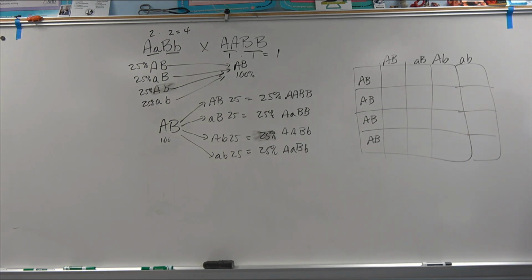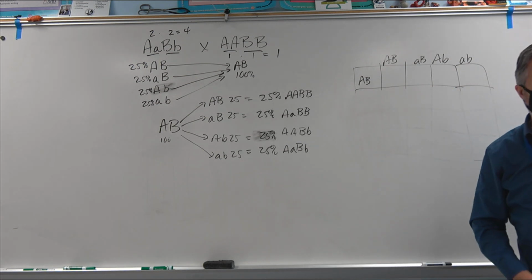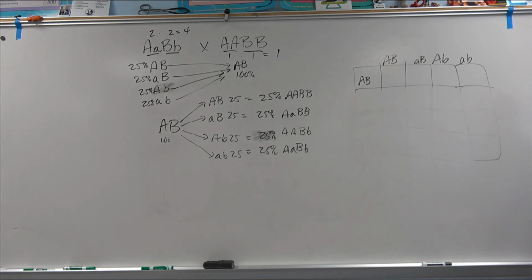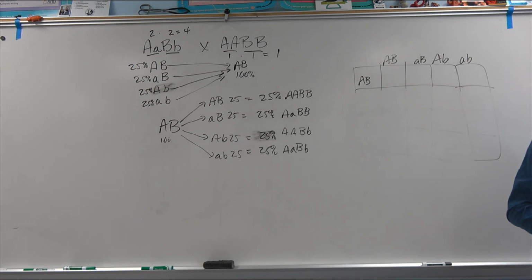Absolutely ridiculous to do that, because you only have the one, right? So you could still do the Punnett square here. We just need to get you past that, because remember, it is a part of the whole. It's just a percentage. So far, so good?